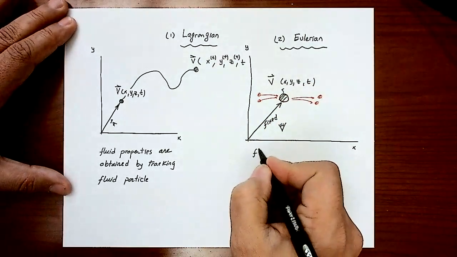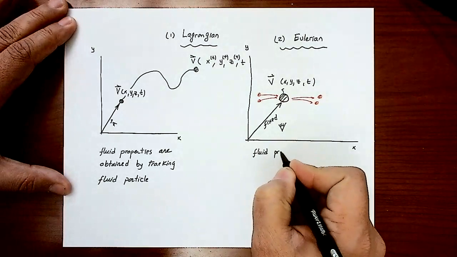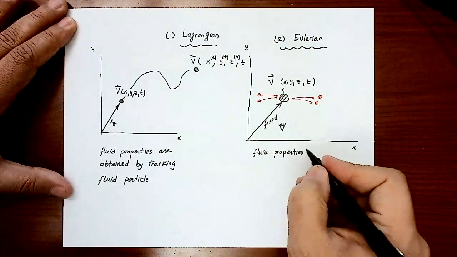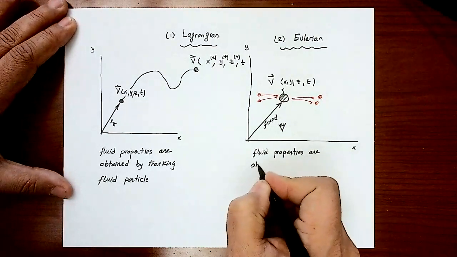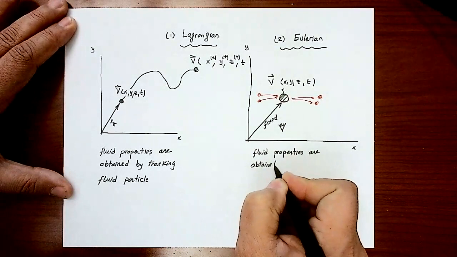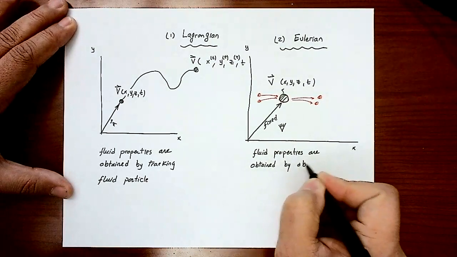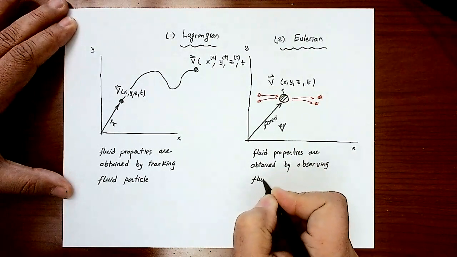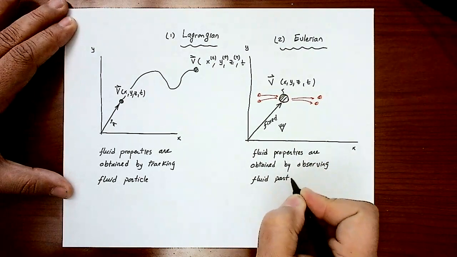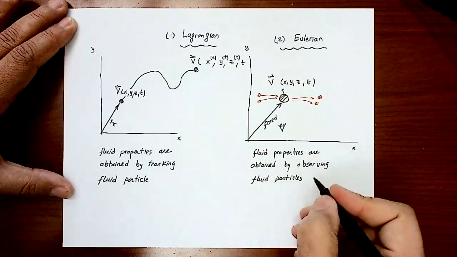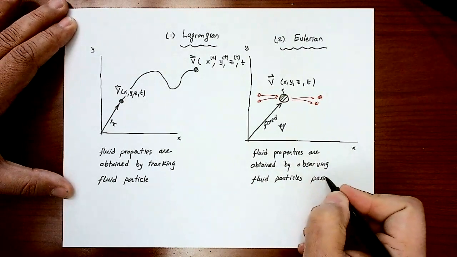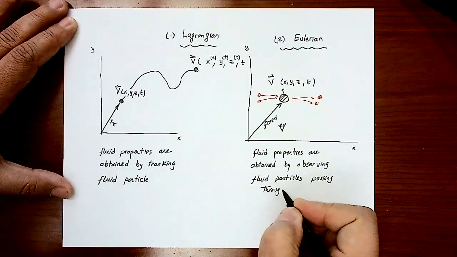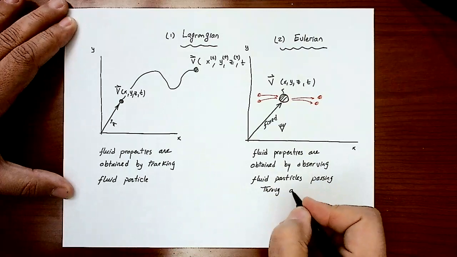So fluid properties are obtained by observing fluid particles passing through a fixed location, a given location.